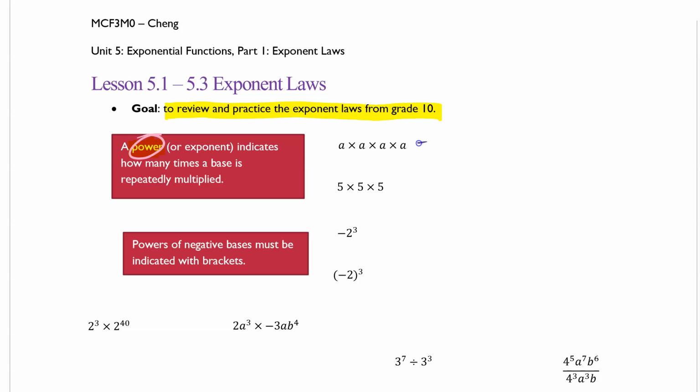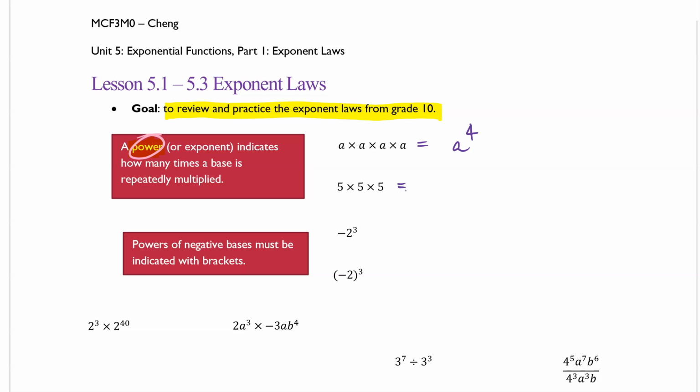This is a base of a that's repeatedly multiplied, in this case, 4 times. So a to the exponent 4 means a times a times a times a. It doesn't mean 4 times a or a times 4. It means a times a times a times a, which would give you a really large number really quick if a was a constant like 2, 3, and so forth.